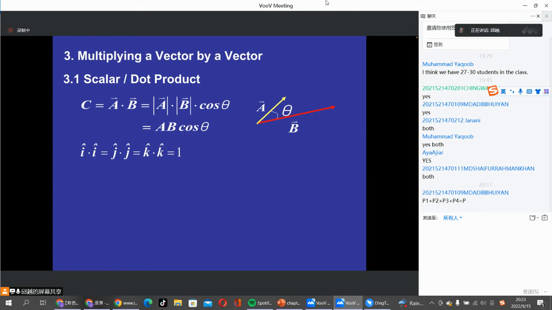So we have unit vector i dot unit vector i equals 1. And we also have unit vector j dot unit vector j equals 1. And unit vector k dot itself equals 1.